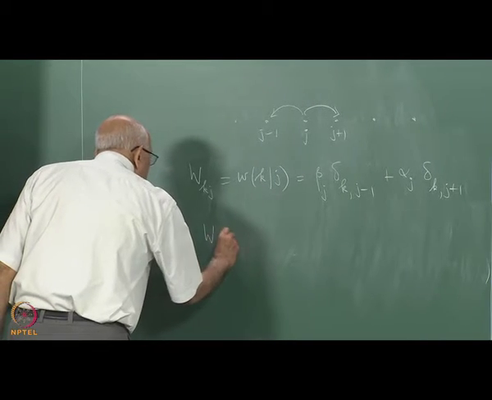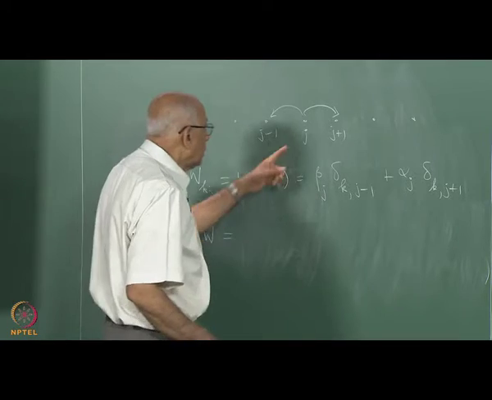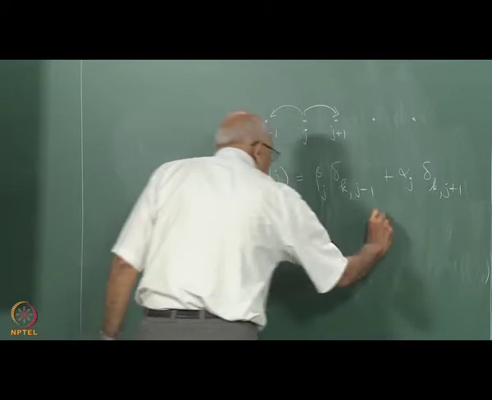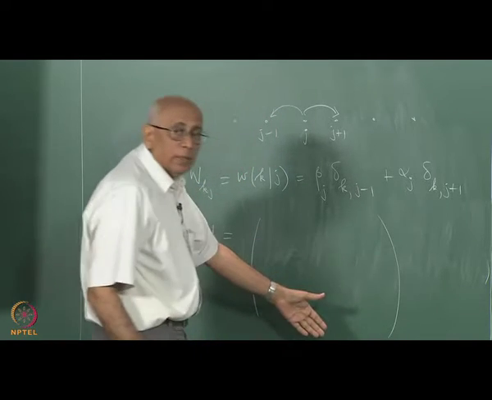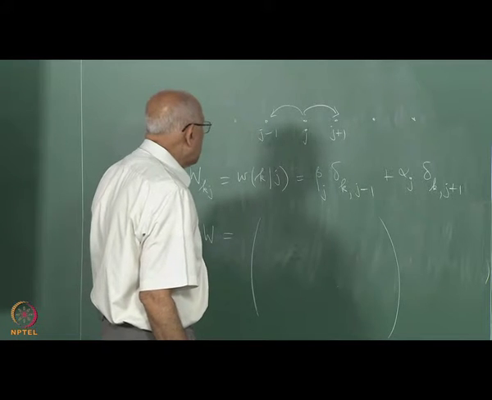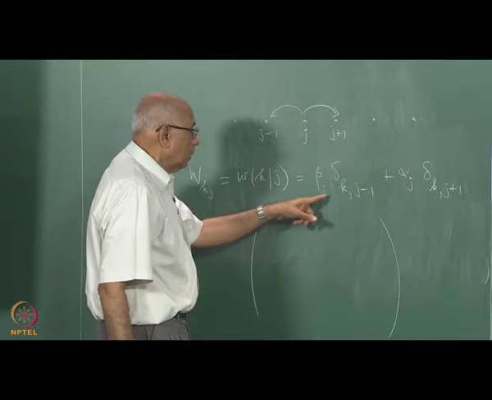Then what does the W matrix look like once you have this? Suppose j runs from 0, 1, 2, 3, in that case you would have a finite matrix of this kind if it is bounded from the other side too, otherwise it is infinite that way. And what does it typically look like? Let us look at W 1, 2 for instance.